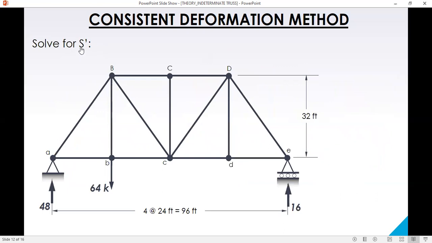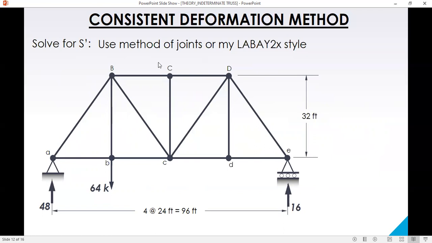So next, we solve for S prime. We can use method of joints or my labay-labay style. This was explained already in another video, a similar problem using consistent deformation method also. Okay. Now, since member capital CD is our redundant, then the value of S prime for this member should be 0.